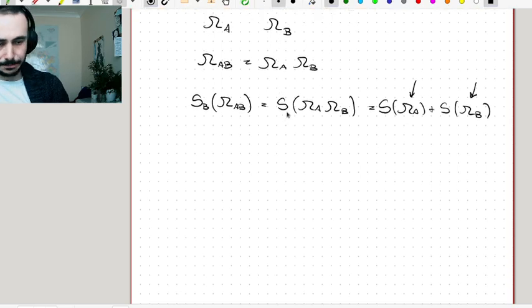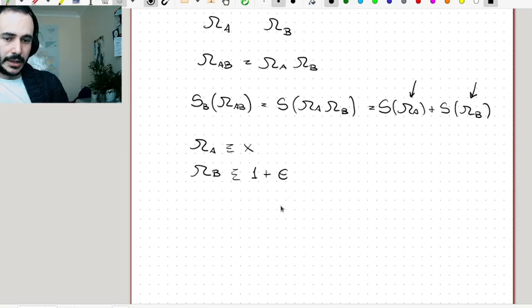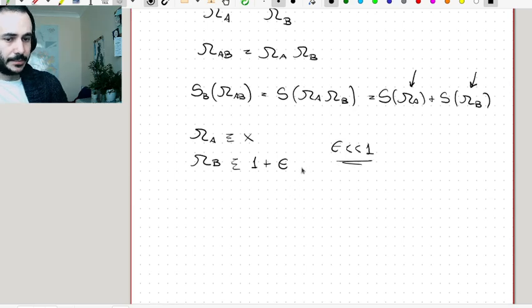So let's replace omega A by x, just notation, some real number, though it should be an integer really. And then here we are going to replace omega B, because it can be any value, by 1 plus epsilon. And in our calculation we are going to assume that epsilon is arbitrarily small, as small as you like.